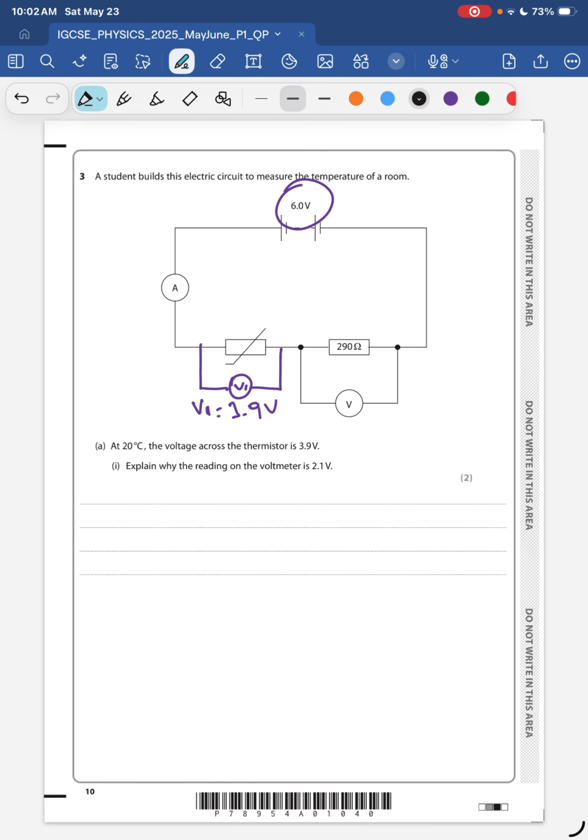And because I got a question once, in series means that the same current goes through both elements, okay? So if you imagine current being water, it will just flow from the thermistor to the resistor and then back to the power supply, okay? So let's write that down. The components are connected in series.